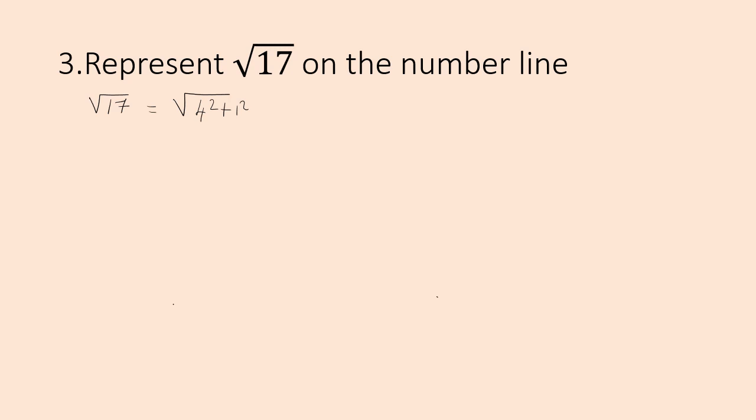For that, the first step is you have to draw a number line. You name it as X dash X. Then you have to take the base as 4 unit.